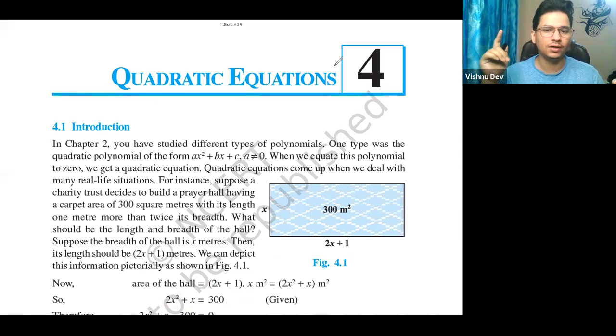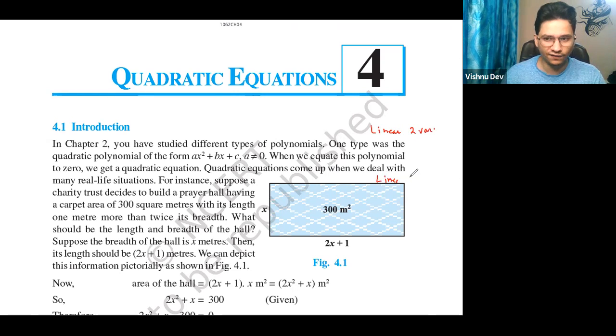If you remember, when we solved linear equations in two variables, what did we do first? We tried to convert it into a linear equation in one variable first.